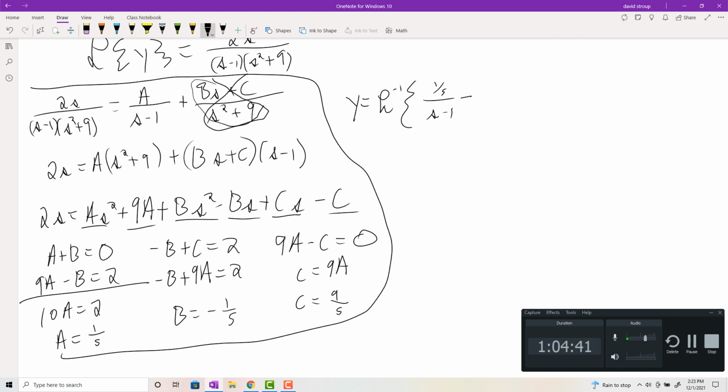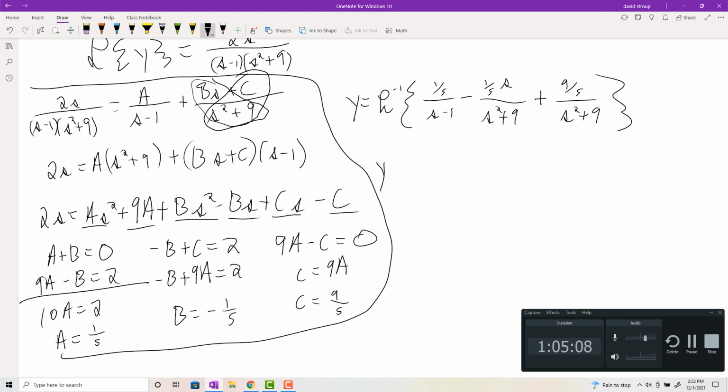You want to split the bs plus c over s squared plus 9, because one will be a cosine, the other one will be a sine, right? So have minus 1/5 s all over s squared plus 9. You're going to need a factor in there to make it, well, not this one, but the next one you're going to need a 3 in the numerator, right? So you have plus 9/5 all over s squared plus 9.